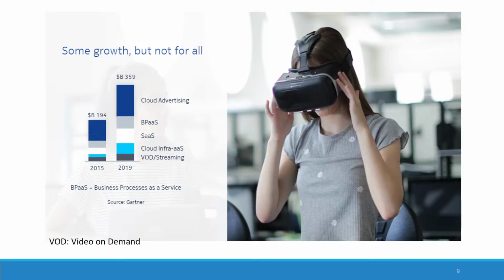Like video. Video means VOD, video on demand streaming. This kind of service increased, and also cloud, so we call IaaS, this is also increased. So software as a service increased.